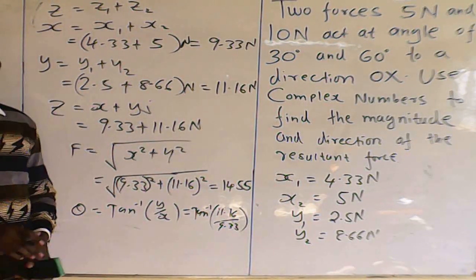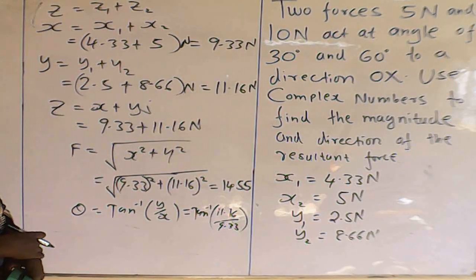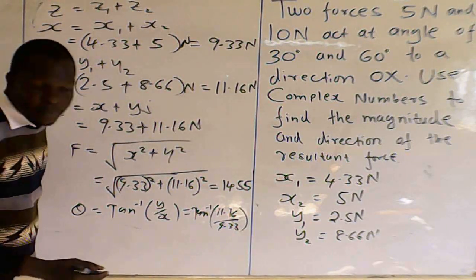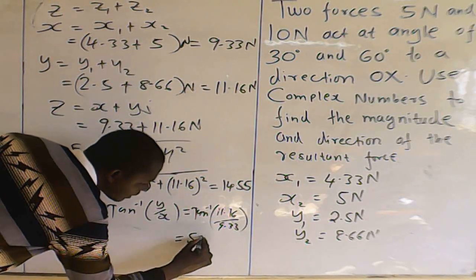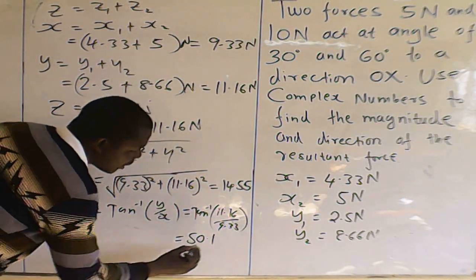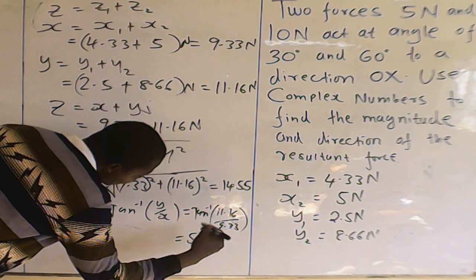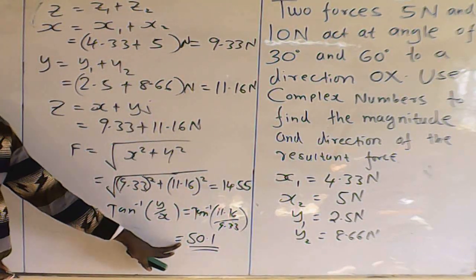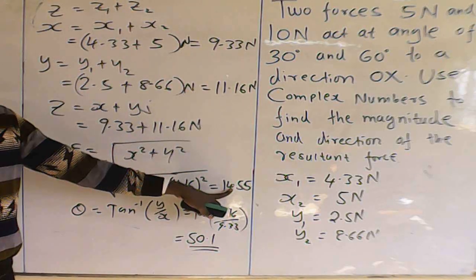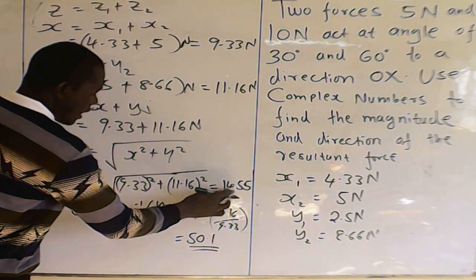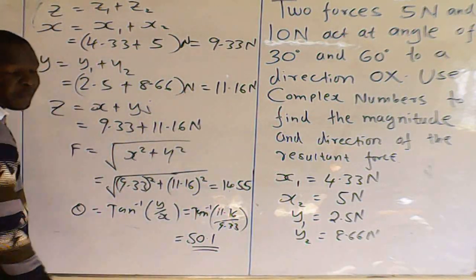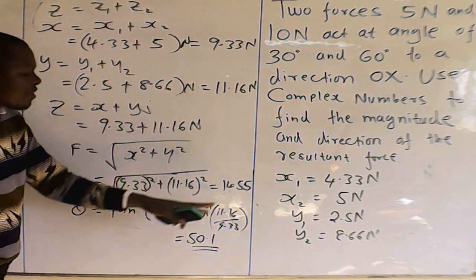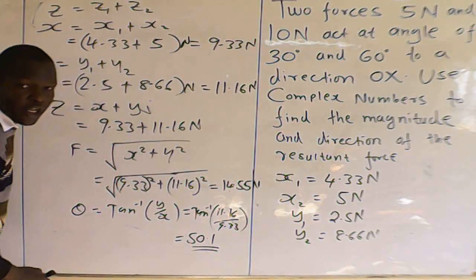So what's the tan inverse of 11.16 divided by 9.33? 50.1 degrees, isn't it? Yes. So you found the magnitude and the direction of the resultant force. The direction is 50.1 degrees and the magnitude is 14.55 Newton.